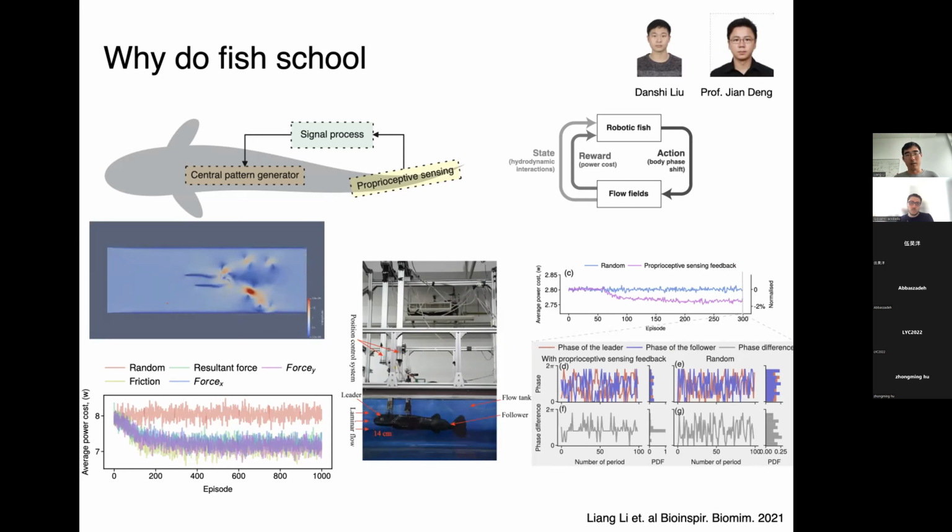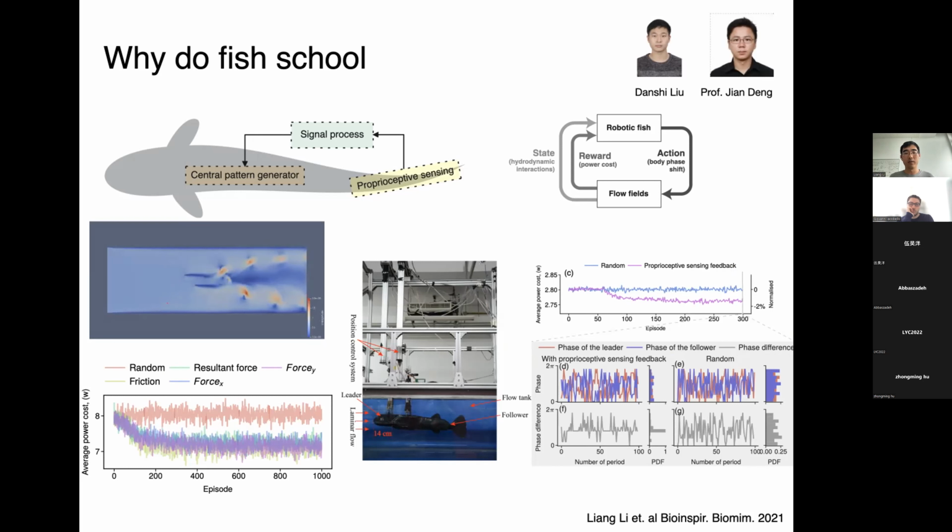So in order to test this hypothesis, we built a simulation platform and also an experiment platform. By collaborating with Professor Deng Jian from Zhejiang University, we purely consider very simple low dimensional forces, like the resultant force suffered by the tail, the force in the X direction or Y direction, or just the simple friction force around the tail.